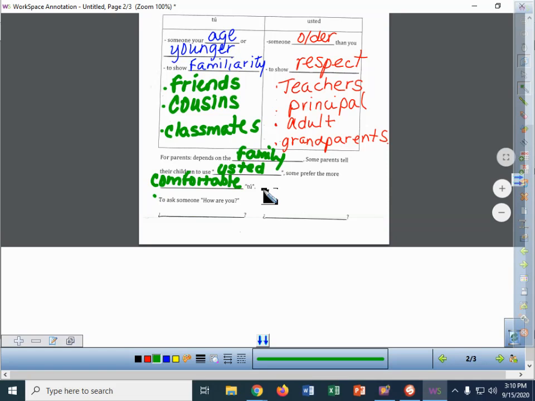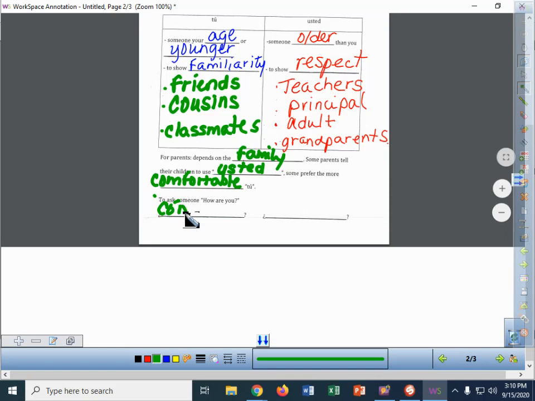And to ask someone, how are you? I got two ways to ask. One is informal and one is formal. And we just went over that. We learned that. It's ¿cómo estás tú? Y ¿cómo está usted?